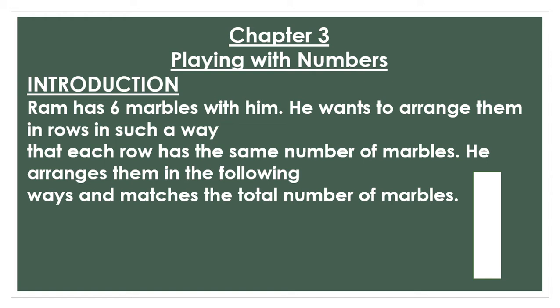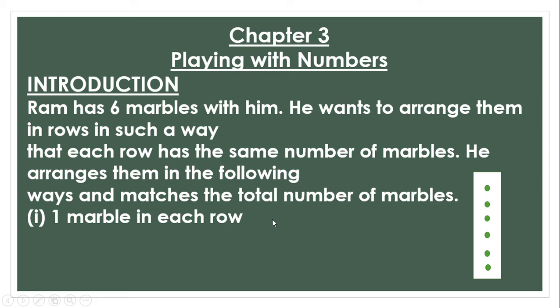Here is the arrangement. He had arranged in such a way that he had used 6 rows and 1 column. 1 marble in each row.